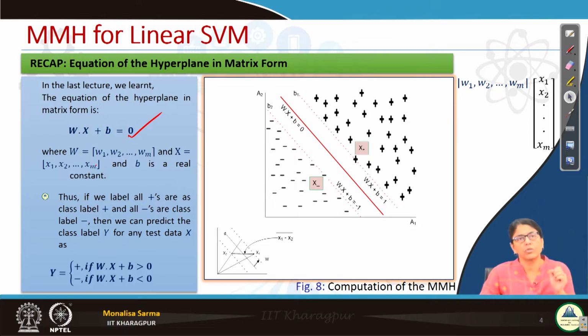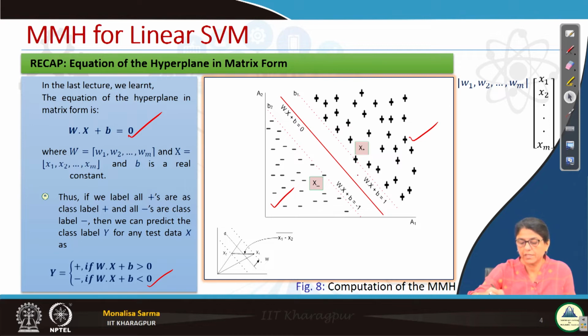We have also seen that we have labeled one class as the plus class and the other as the minus class, and given any test data x, we can predict the class label y. Y is equal to plus if Wx plus b is greater than 0.